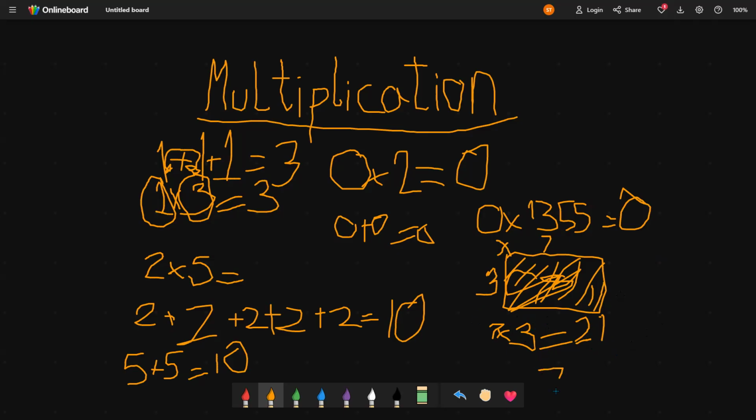So that's 7 plus 7 plus 7. So that would be 21.